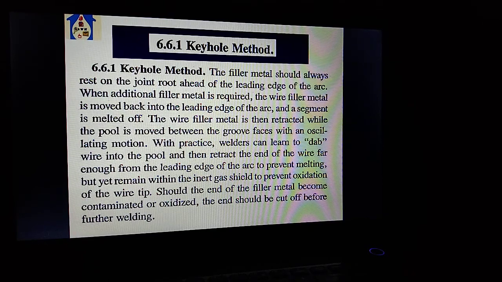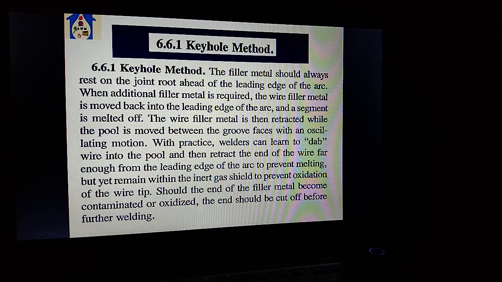With practice, the welder learns to dip the wire into the pool, retract it, and form the keyhole at the leading edge of the arc, preventing melting but remaining within the inert shielding gas to prevent oxidation.